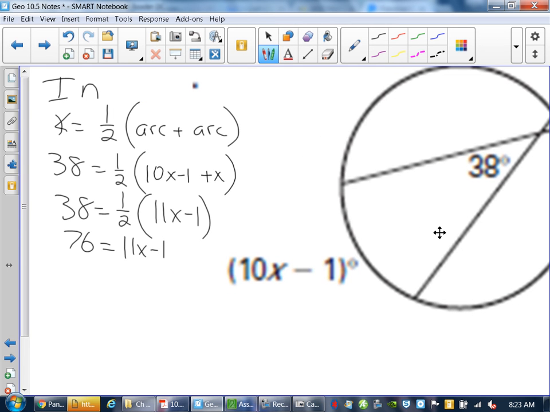Add 1 to both sides, we get 77. And what's x? 7. So notice, this was one of them that you had to do a little bit more algebra on. But was it terrible algebra? No, because all you're doing is fill in the blanks. Outside, inside, on.